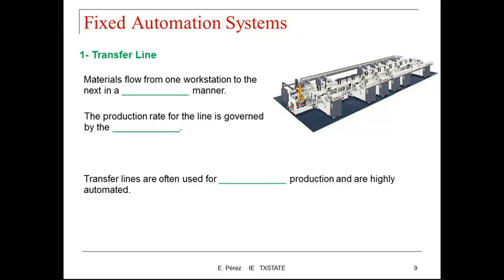So in the transfer line, which is a fixed automation system, materials flow from one workstation to the next in a sequential manner. Now, the production rate for the line is governed by the slowest operation.